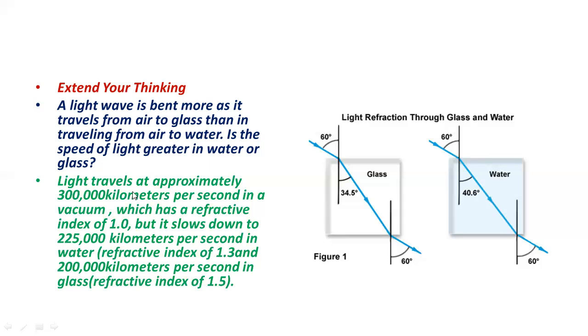Light travels at approximately 300,000 kilometers per second in a vacuum. It means that the speed of light in vacuum is the fastest, and vacuum has a refractive index of 1.